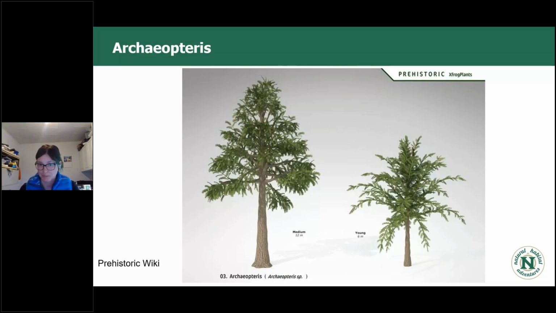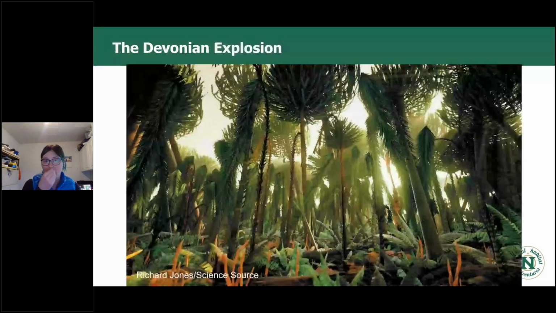It's a feathered dinosaur. But Archaeopteris is one of our first known species of trees. And again, going back to now the late Devonian here, we think that these trees, once they did evolve, spread out quite quickly across the land. So I'll just leave you with a picture here of what a Devonian era forest may have looked like.